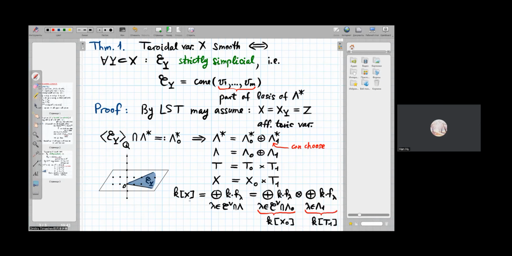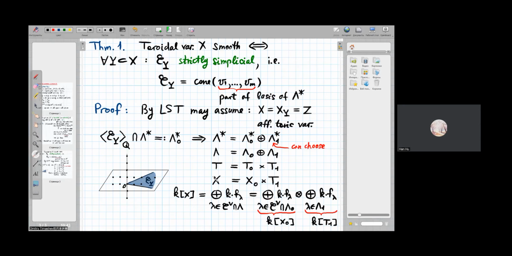This gives you a tensor product decomposition for the coordinate algebra, and on the geometric level, this gives you this direct product decomposition for the variety X. Since lambda is generated by lambda naught and lambda 1, we have this tensor product decomposition.